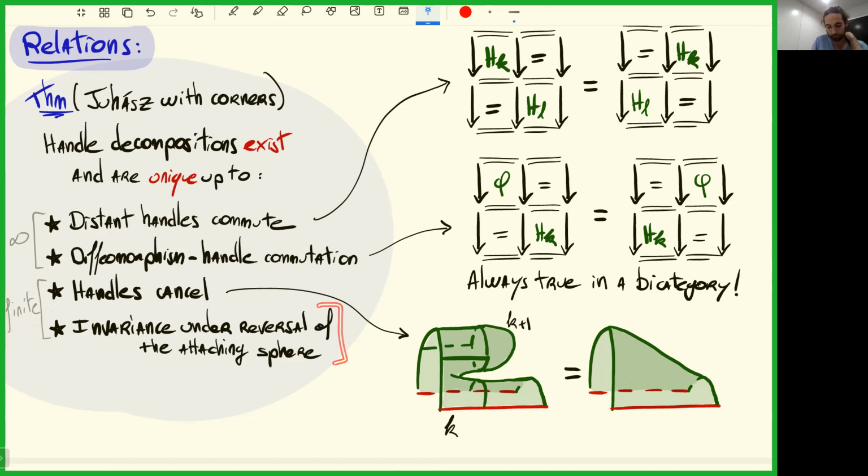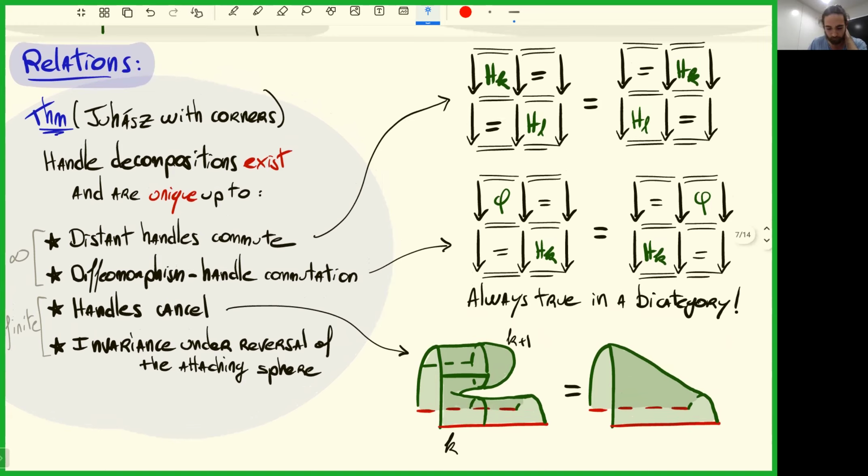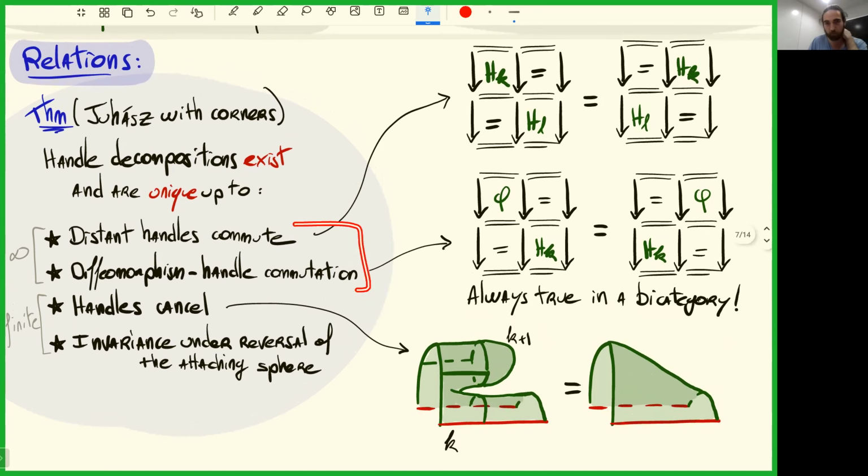There's another relation that I will sweep under the rug, because we can: you can reverse how you attach your handle, and that doesn't affect your handle. The interesting point here is that all these infinite number of relations are automatically true in my setting.